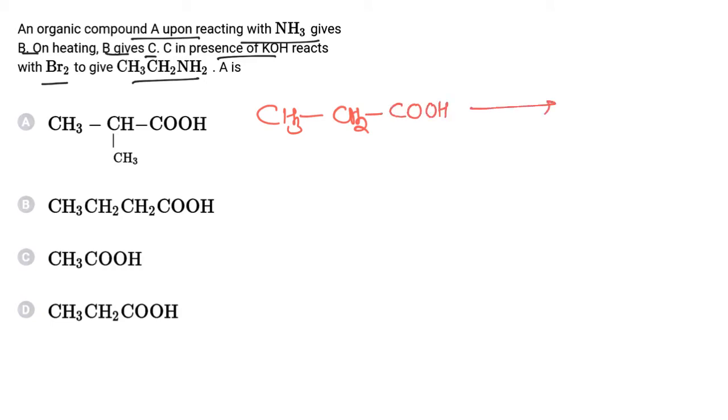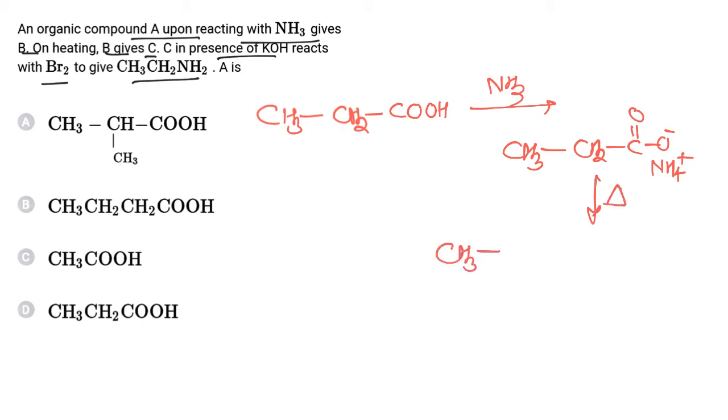On reacting with ammonia, this will be converted to its salt CH3CH2COO negative NH4 positive. Now, this salt on further heating will be converted to the amide CH3CH2CONH2 after removal of a water molecule.